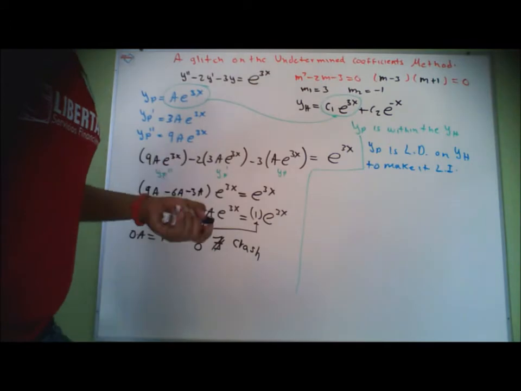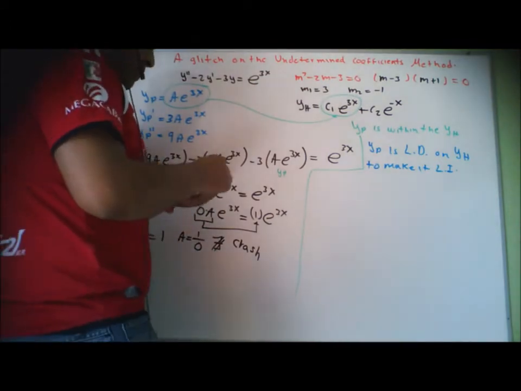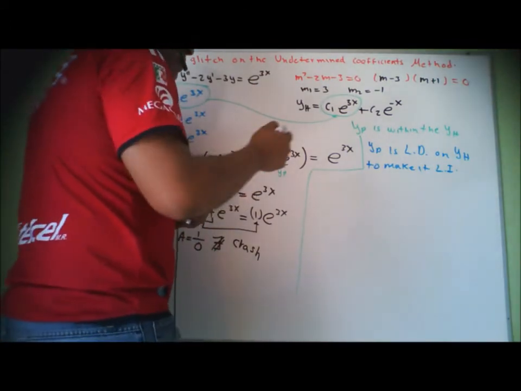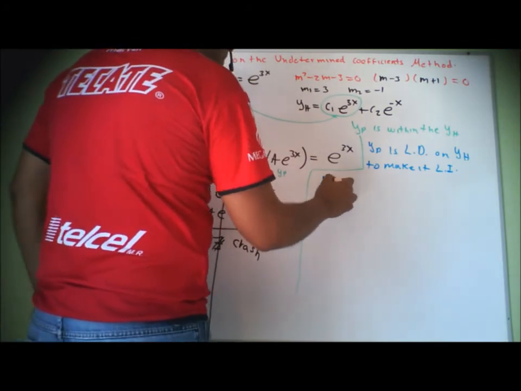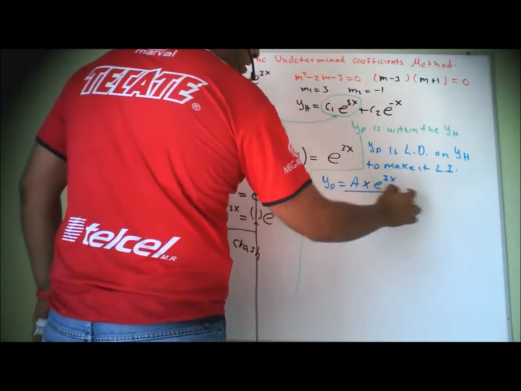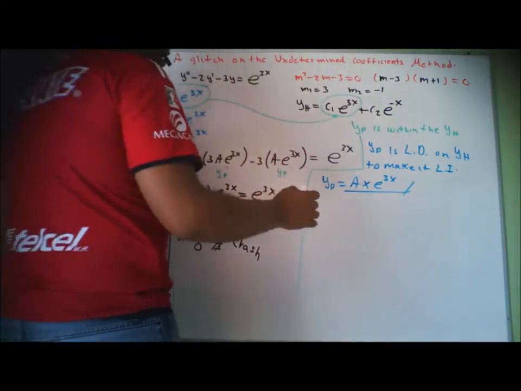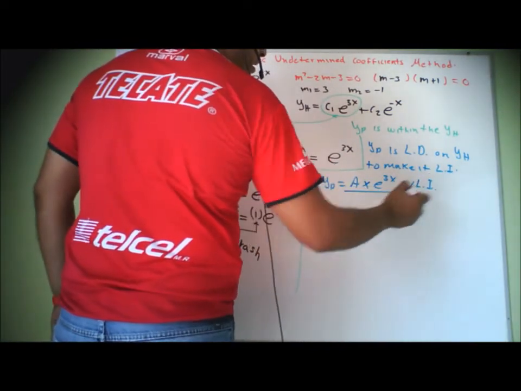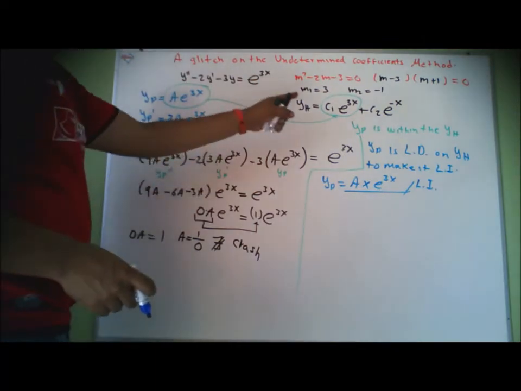And actually that is the fix, engineers. The particular solution must in reality be a x exponential of 3x. Now, this is the linear independent proposed solution from the homogeneous.